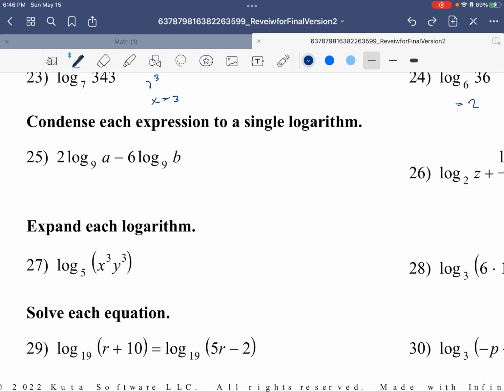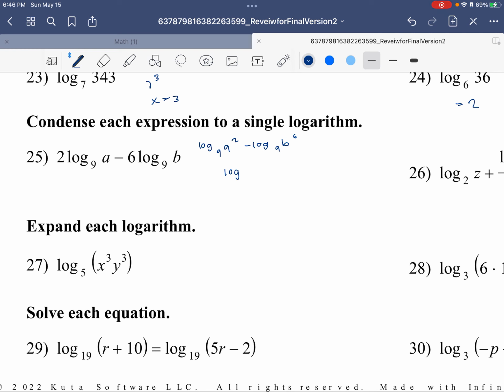But right now they're not the same because there's a 2 in front of this and a 6 in front of this. So what we're going to do is move our coefficient to become the exponent. So it's going to become log base 9 of a to the power of 2 minus log base 9 of b to the power of 6.